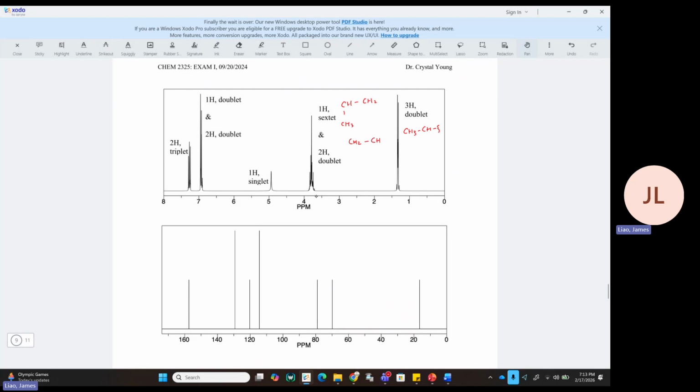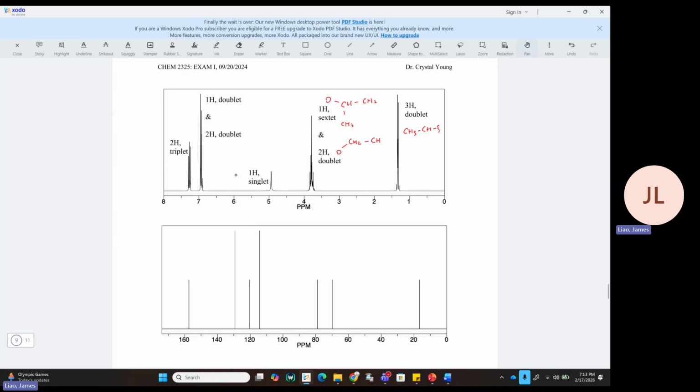It's nearly at 4 ppm, which means that these two together have some form of electronegativity pull, something bonded to it, causing that downfield shift. So that means there's going to be some kind of oxygen bonded to them.